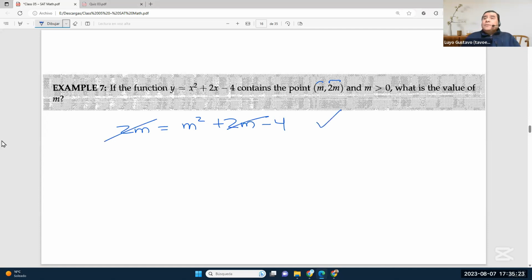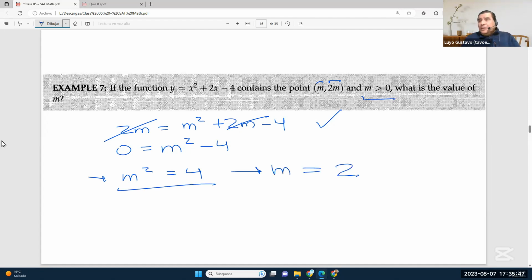So what we have is 0 equals m squared, take away 4, or m squared equals 4. We know that possible values of m in this equality would be 2 or negative 2. But since they give me the restriction that m must be positive, clearly the only value of m that satisfies this equality is positive 2. So our answer. Well, let's continue.